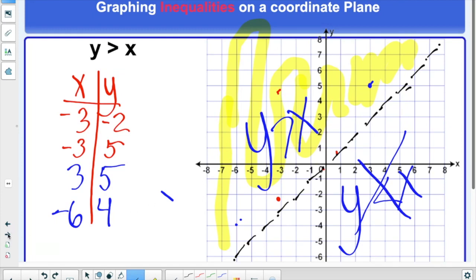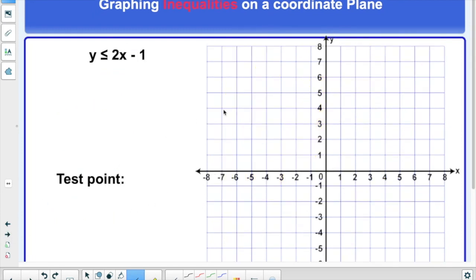Now let's move on to a little bit more of a challenge, an inequality that is a little bit tougher than just y is greater than x. If we were to graph this, it would start on your y-axis at -1 because the y-intercept is -1 and the slope is 2, so it's going to go up 2 over 1, up 2 over 1, or down 2 over 1, and it would create this line right here.